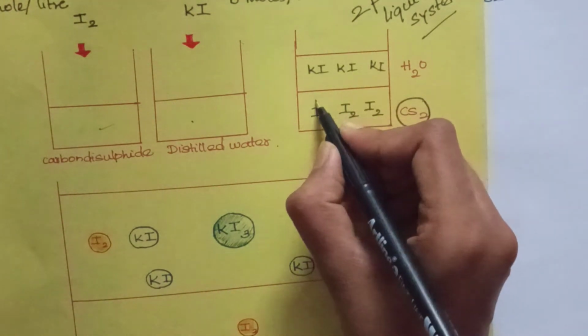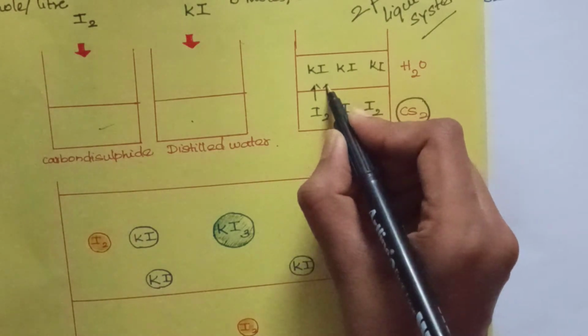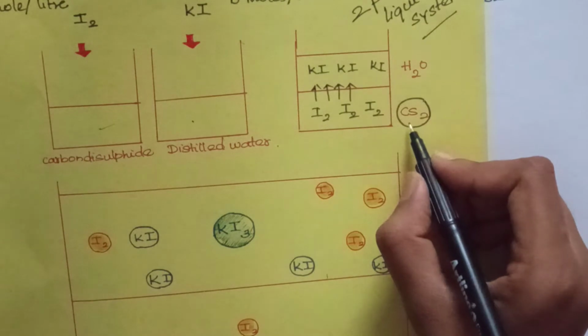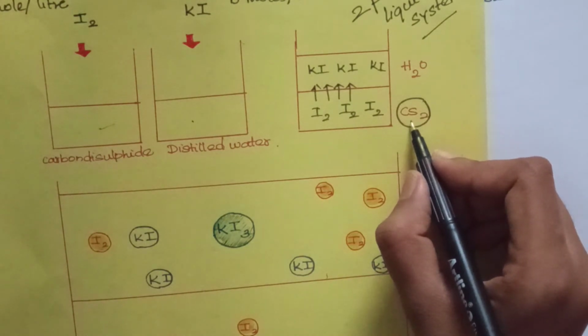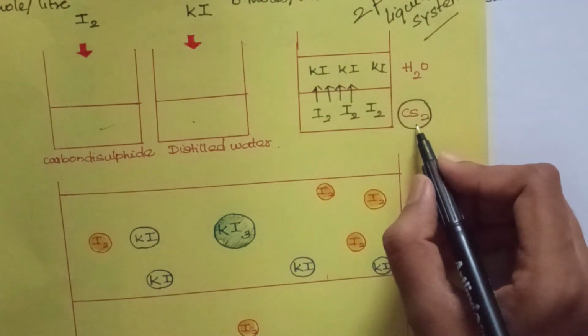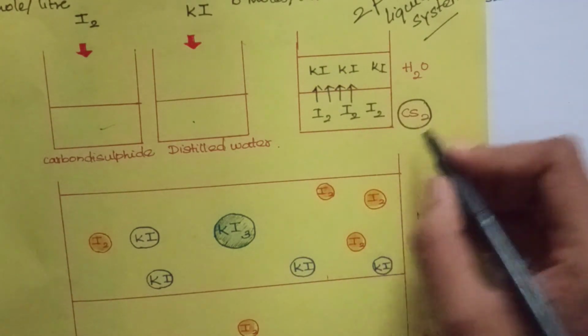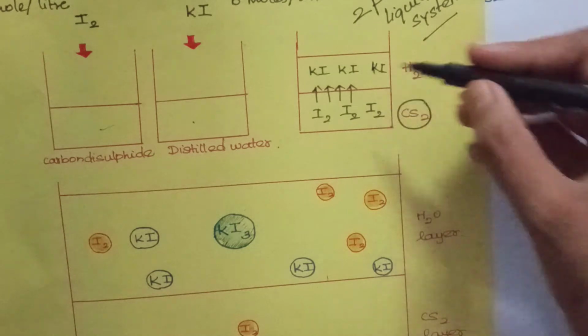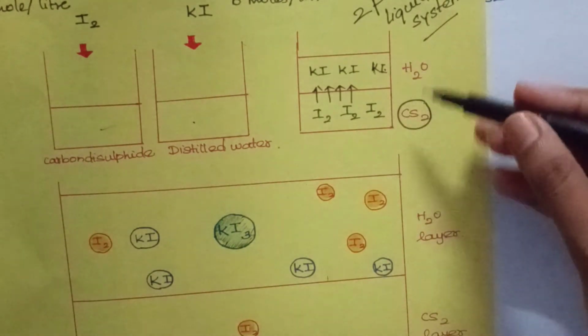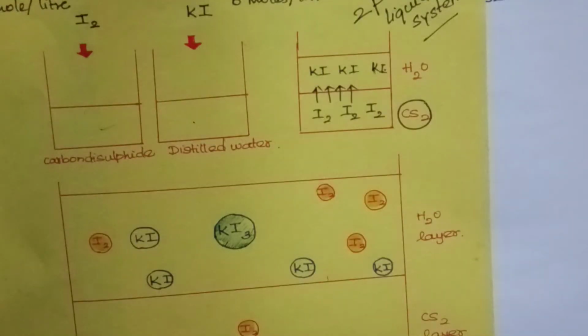So this iodine will be transferring from the carbon disulfide layer to the aqueous layer. But this potassium iodide is not soluble in carbon disulfide, so there would be no distribution of iodide ion from the aqueous layer to the carbon disulfide layer.